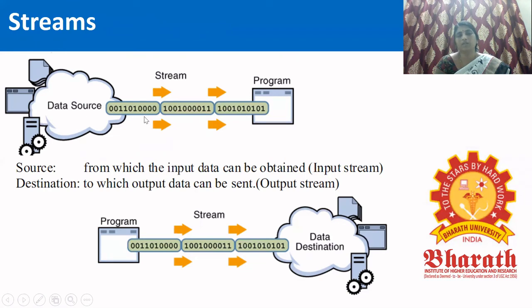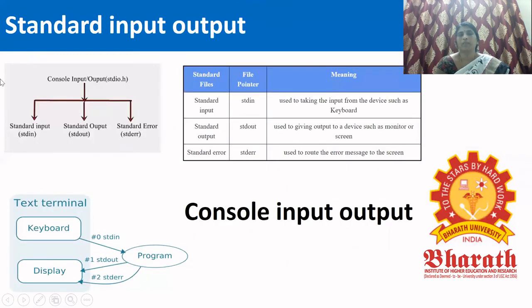In C language, whatever data is coming from the input is treated as streams. Streams are nothing but a group of bits sent to the program. The source from which the input data can be obtained, we call the input stream, and from the program the output is sent to the particular output device. The destination to which the output is sent is the output stream.